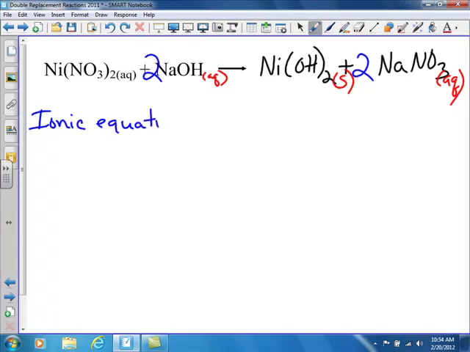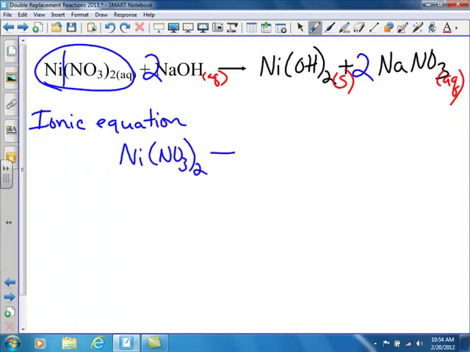Now, I'm going to do something that I haven't done in the past, just to show this. I need to take this and break it apart and write it down. So this would be NiNO3, 2. And if we broke this down, this breaks down into Ni2 plus and 2NO3 minus.